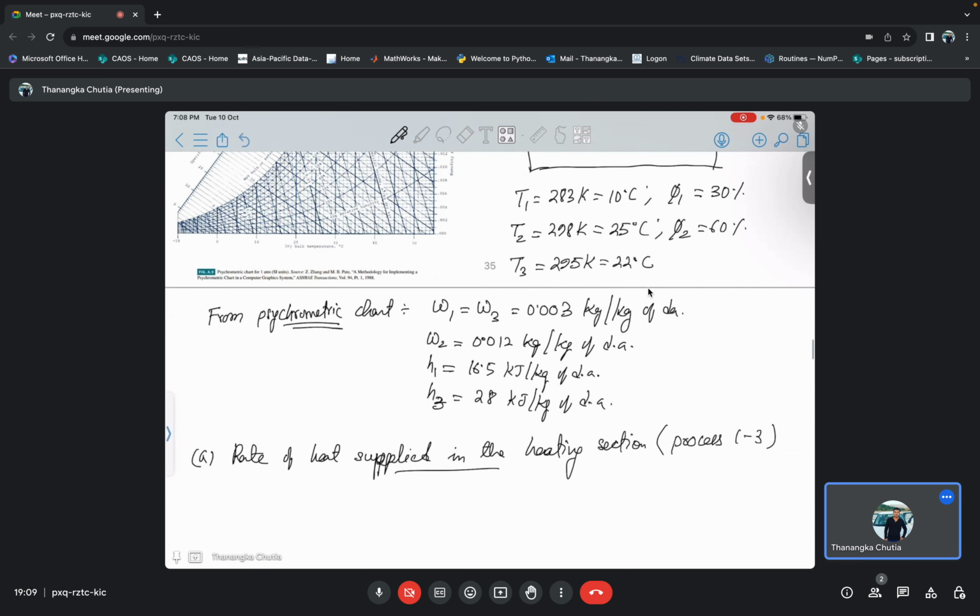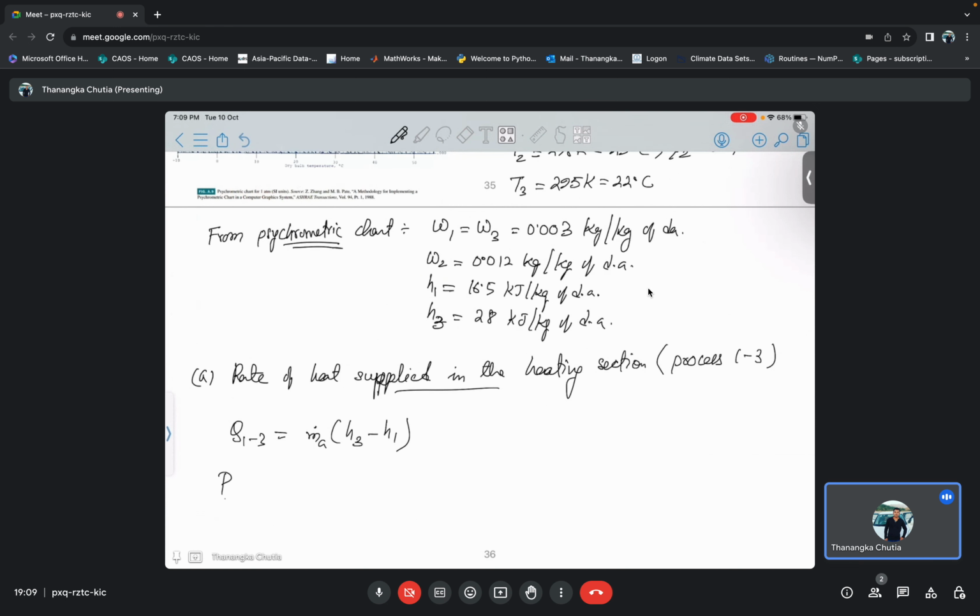So Q1 to 3 will be equal to m dot A times H3 minus H1. Now PA VA dot will be equal to m dot A RA times TA. So from here m dot A is nothing but PA VA dot divided by RA into TA.